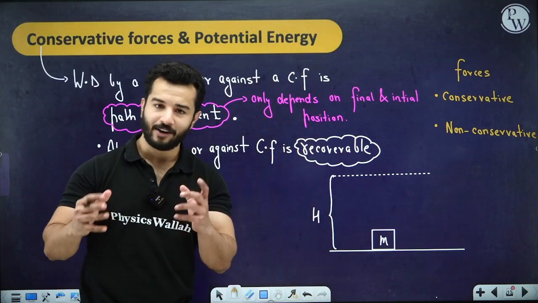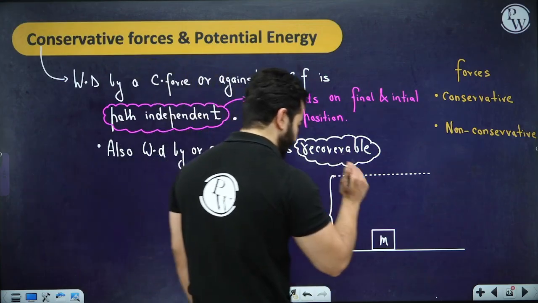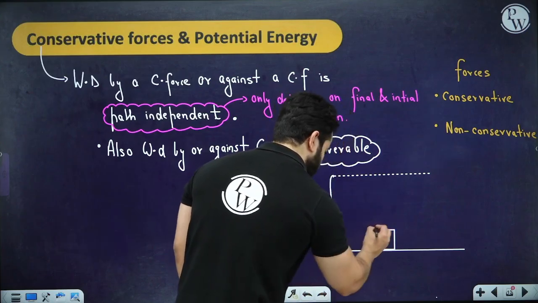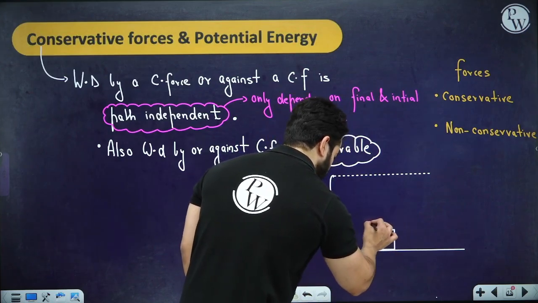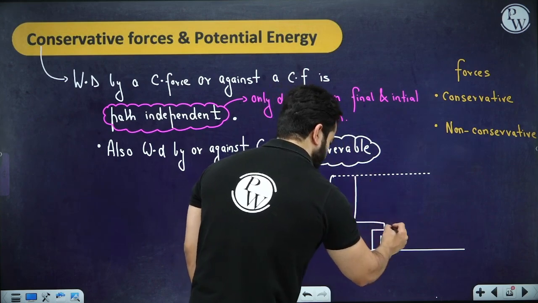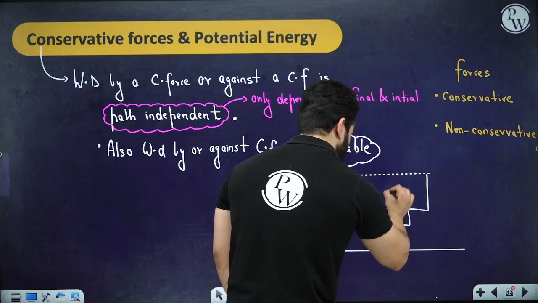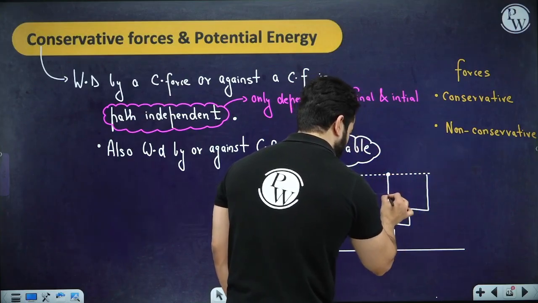Now there can be various ways of doing this. You might have seen this thing in grade 9th also. There can be various ways like this. Let's suppose one of the paths is something like this, another path is somewhat like this, and one of the paths is directly in the upward direction.